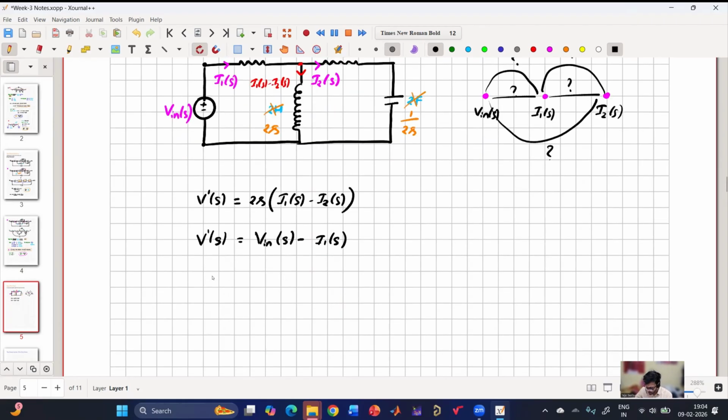Let us substitute this equation in this expression.